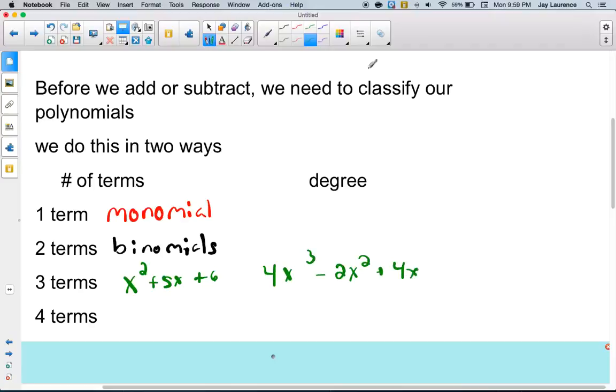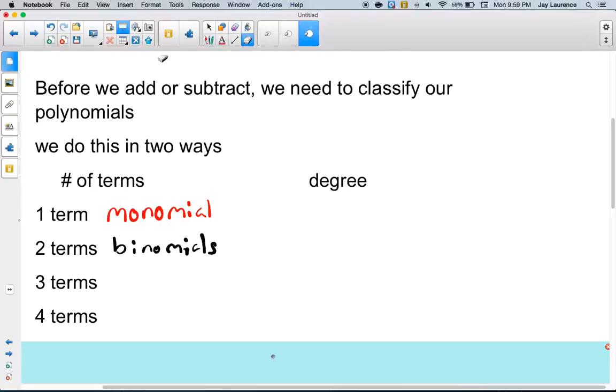There's a 3-term polynomial. And those are called trinomials. I'm sure you could have guessed that by now. Then, finally, if it has 4 or more terms, we simply call it a polynomial.